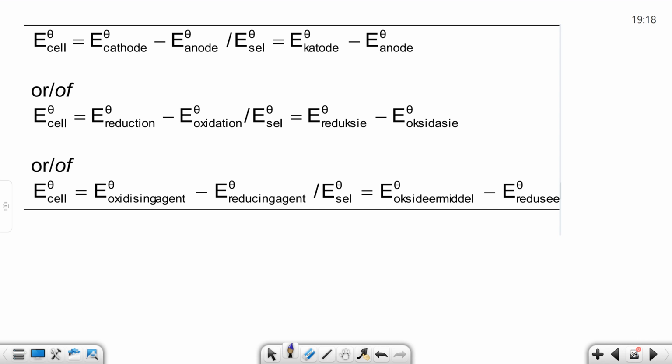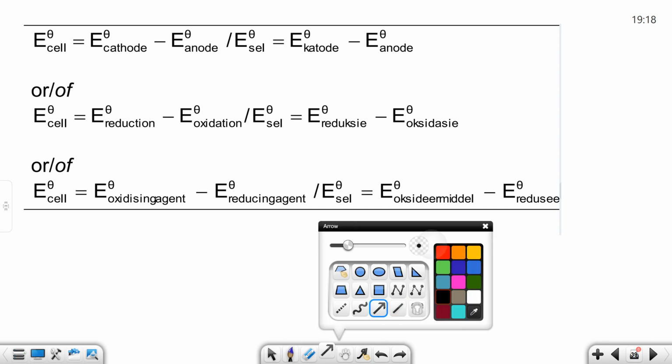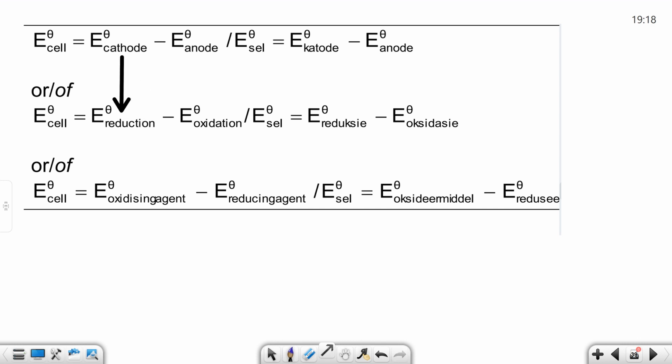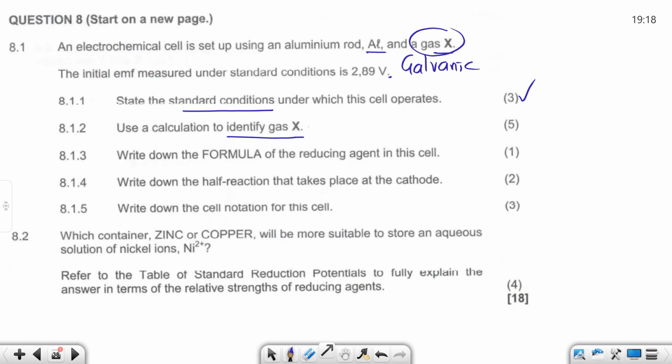All right. Anyway, let's get this done, guys. We just read this down, right? Cathode, reduction, and oxidizing agent. Anode, oxidation, and reducing agent. What is the examiner asking you?